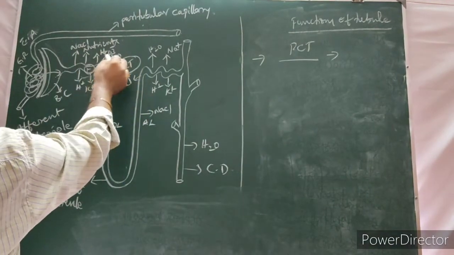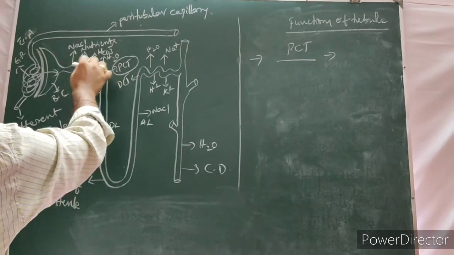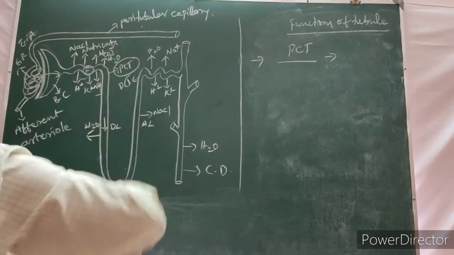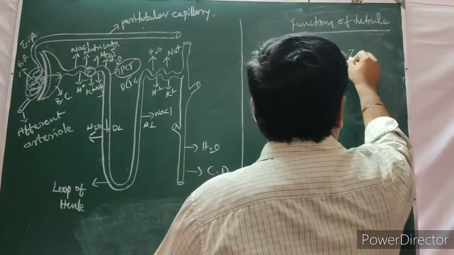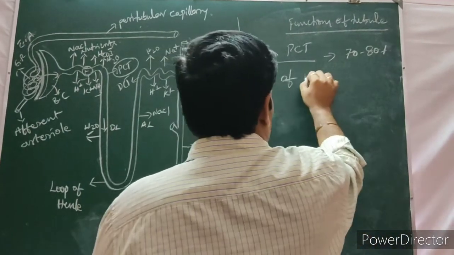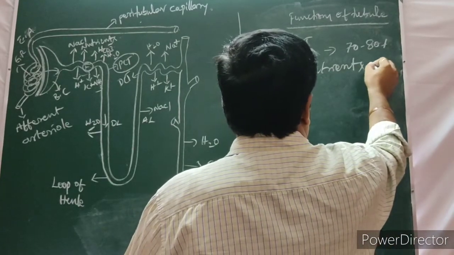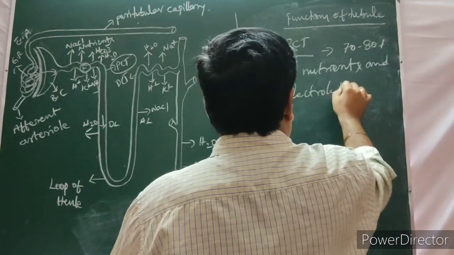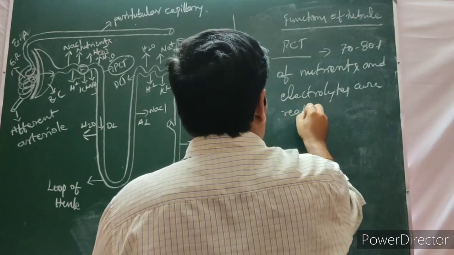Here, all the nutrients, nothing but glucose, amino acids, and also electrolytes like sodium, chloride, and bicarbonate, water, everything is going to be reabsorbed. So 70 to 80% of nutrients and electrolytes are reabsorbed.